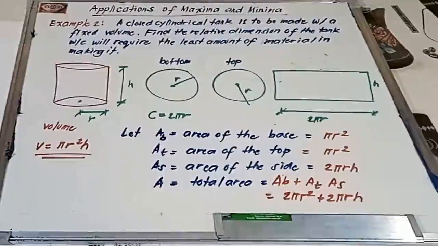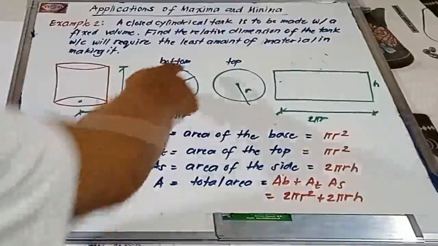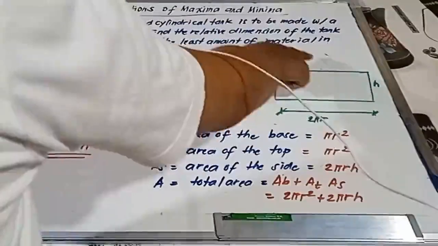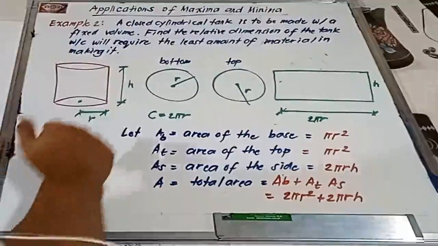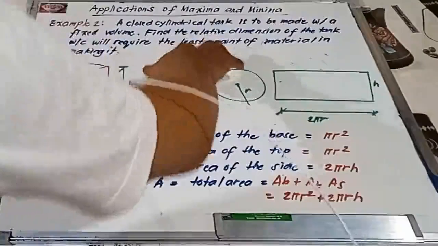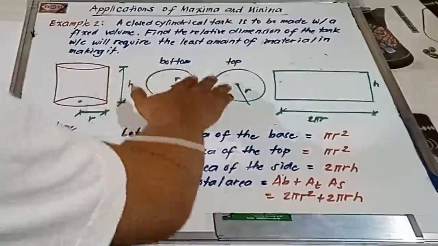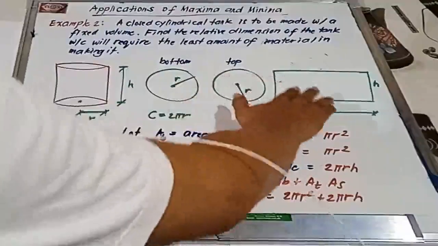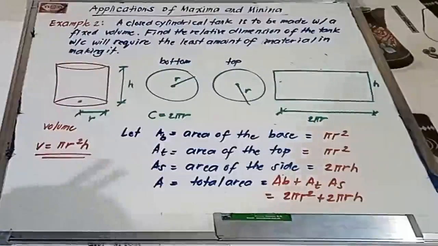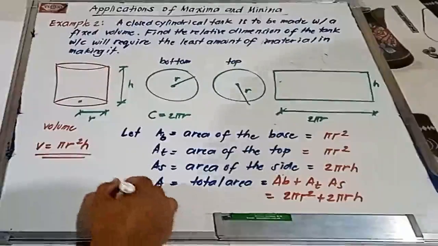Now, again, ano yung ating i-minimize o i-maximize? Least amount of material in making the closed cylindrical tank. So, ibig sabihin, i-minimize natin yung ating material. Sa case nito, i-minimize natin yung surface area.